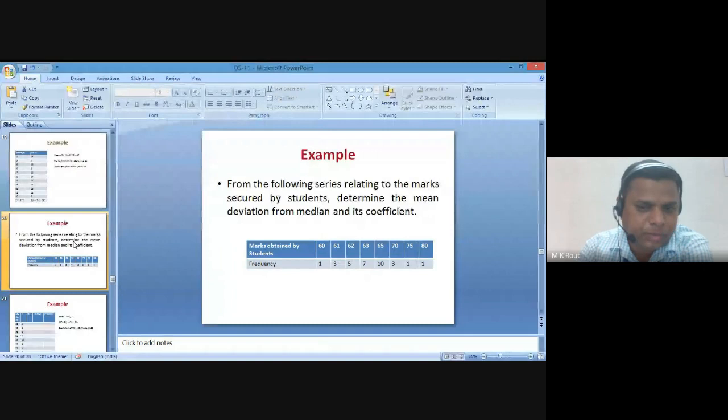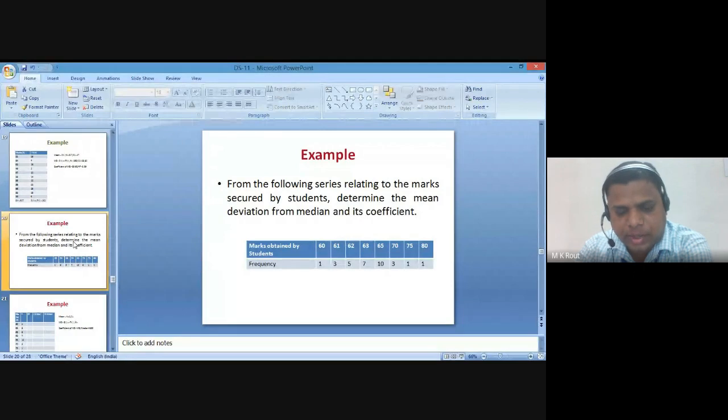Calculate the median first, then proceed to calculate the mean deviation and its coefficient.